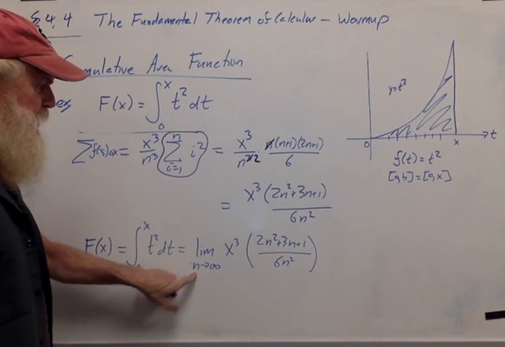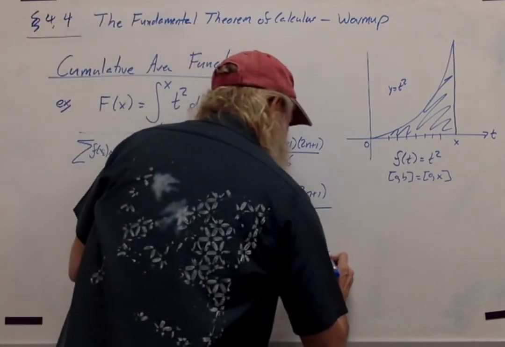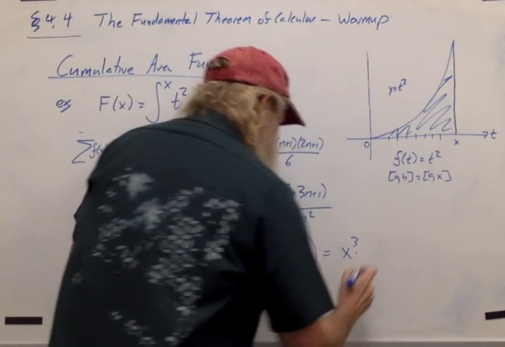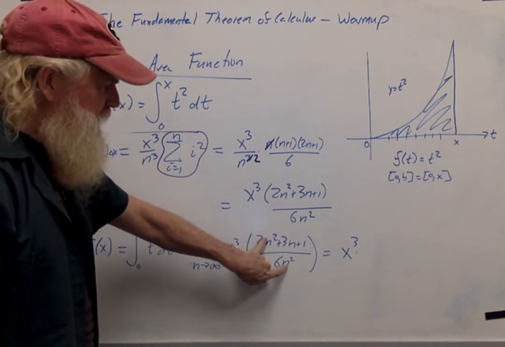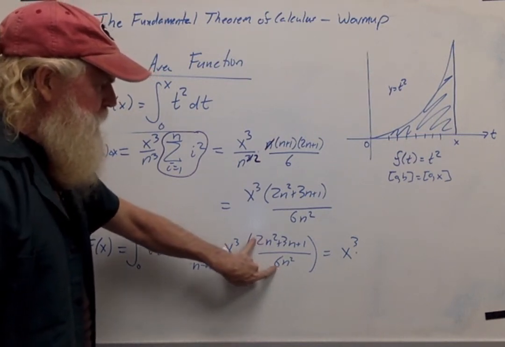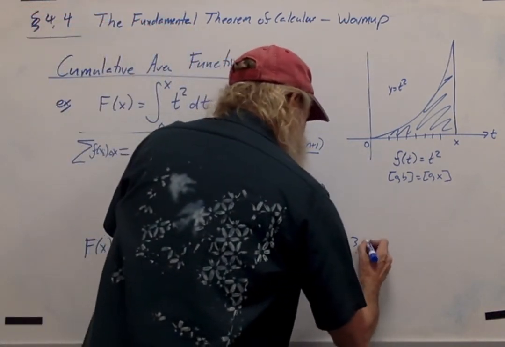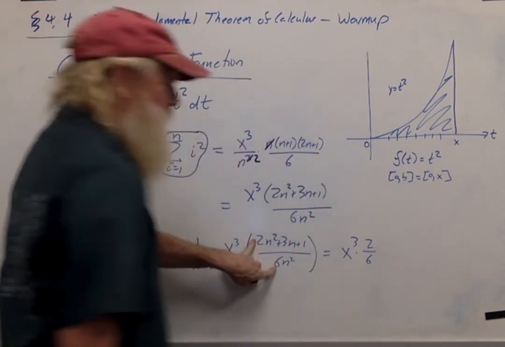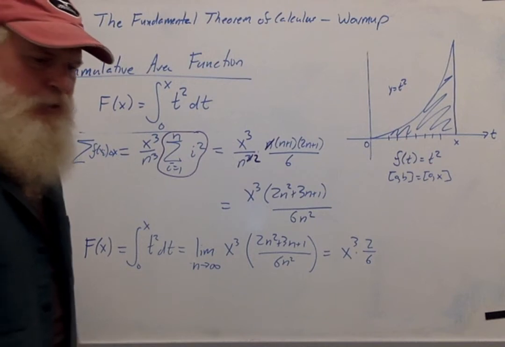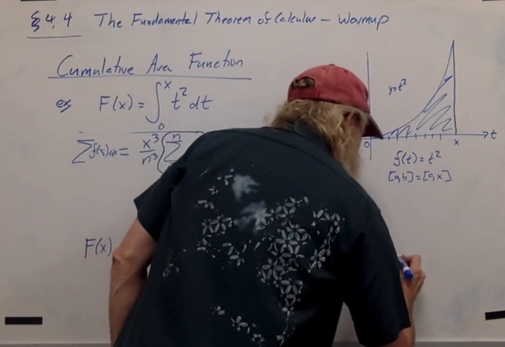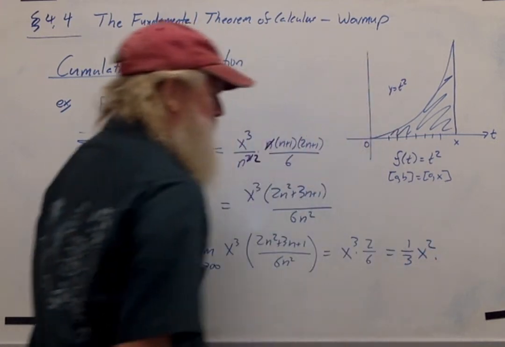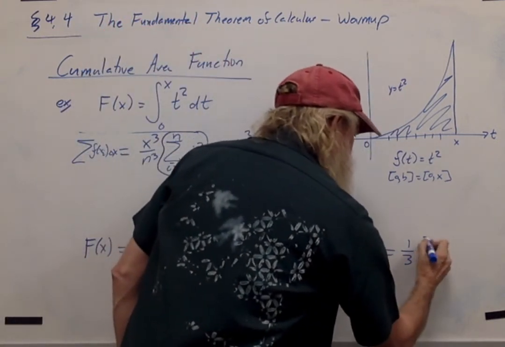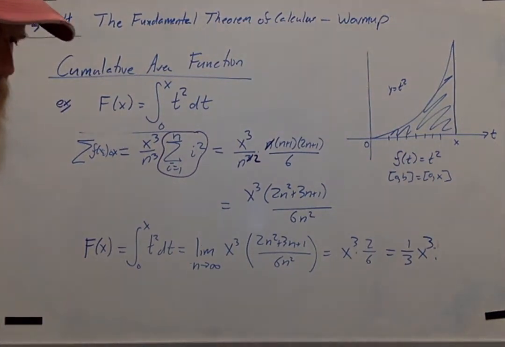Notice that it's n which is changing, so the x cubed is treated as a constant. This rational function is balanced, the degrees are the same, so the limit is going to be the ratio of the leading coefficients. So I get x cubed times 2/6, which is the same as 1/3 x cubed.